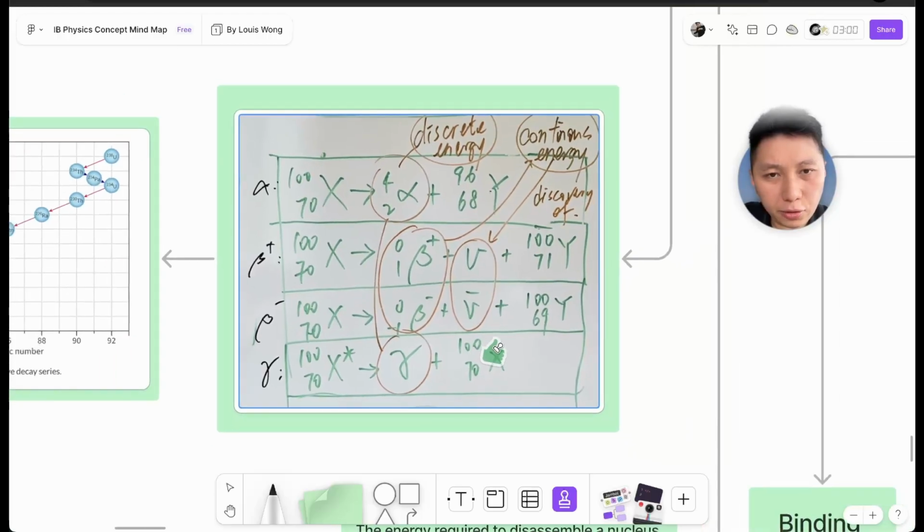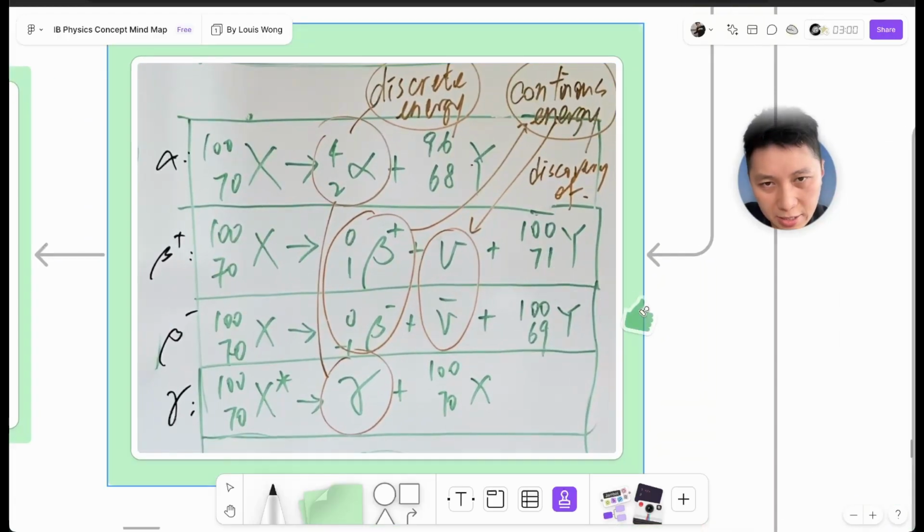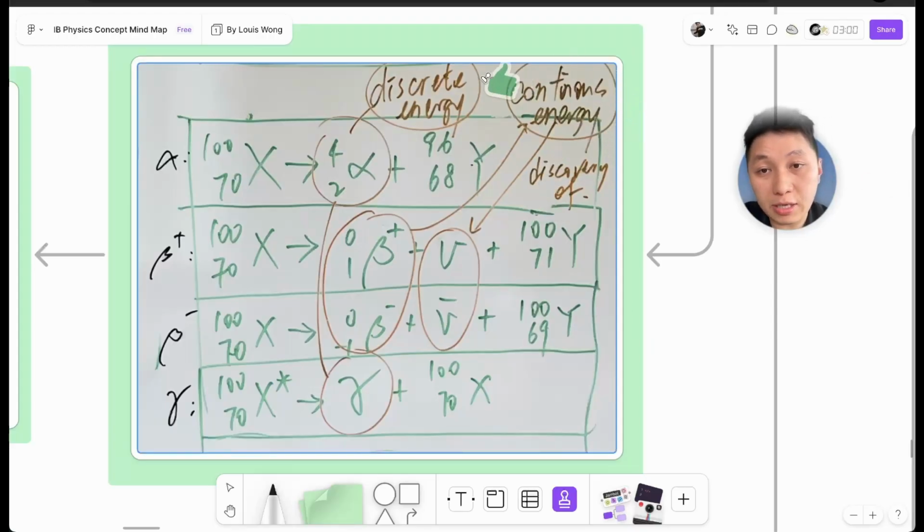The other thing you can see from my hand drawing, other than balancing the equation, which is a very essential skill, is the words discrete energy and continuous energy. Alpha and gamma are discrete, so whenever they release energy, it will be of very definite values. It will vary, of course, so you can have multiple different discrete energies, but it's not continuous. The continuous one is for beta plus and beta minus.